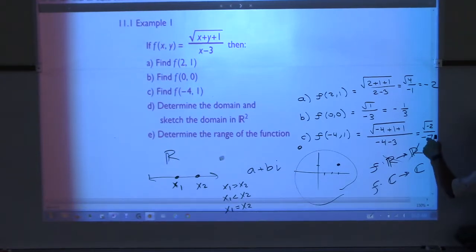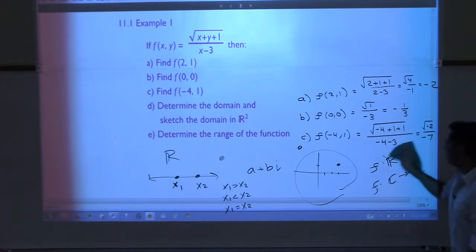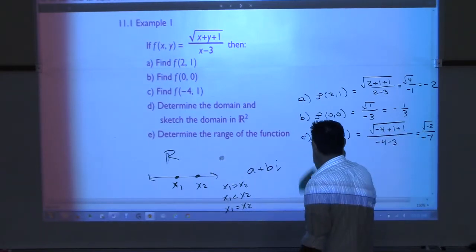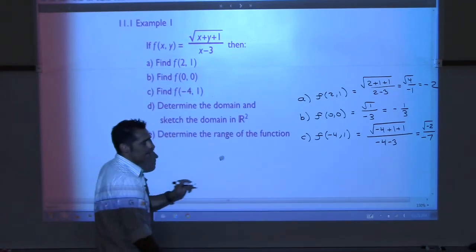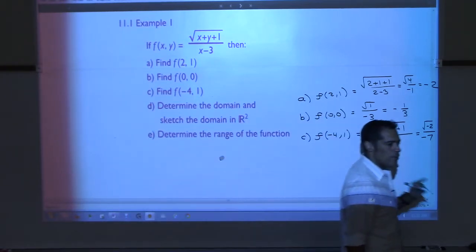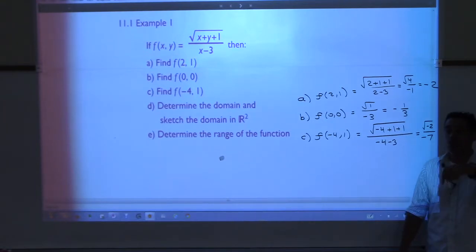So for us today this is undefined. We don't even care about the i, undefined. So the answer to C is undefined. That means we can't plug that point in. This point, (-4, 1), is not in the domain of the function.